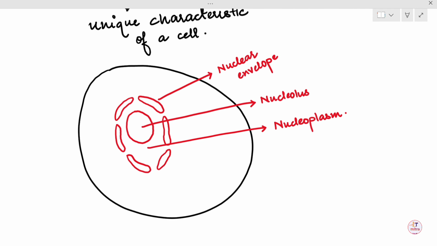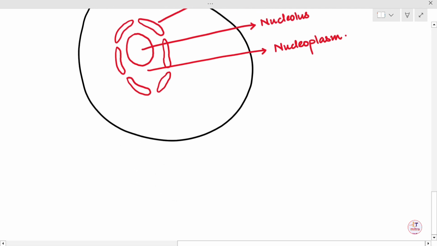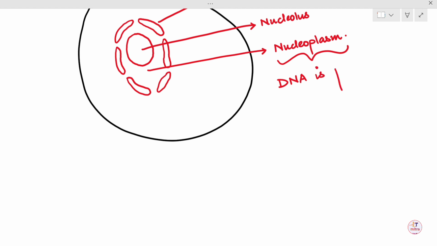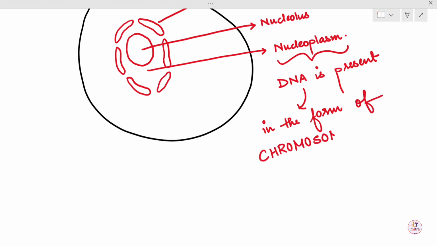So in the nucleoplasm, DNA is present, but in the form of chromosomes. So DNA is packed condensely in the form of chromosomes.